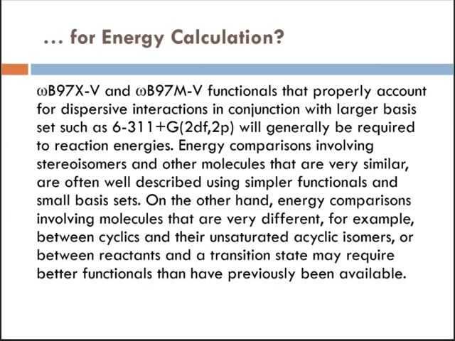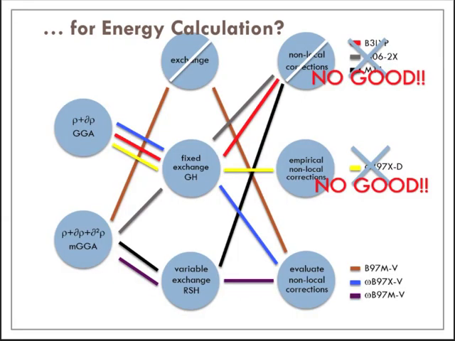When you talk about energy, the game is quite different. Reaction energies, things like isomer energies, are much, much harder to obtain accurately than structures. The functionals I mentioned, B3LYP and omega B97X-D, are not very good where you have good experimental or good theory comparisons.